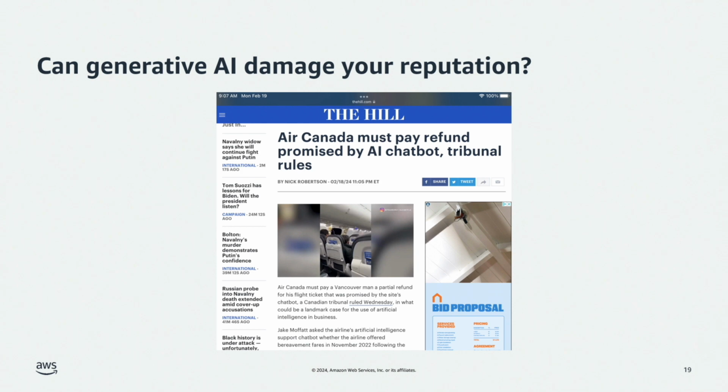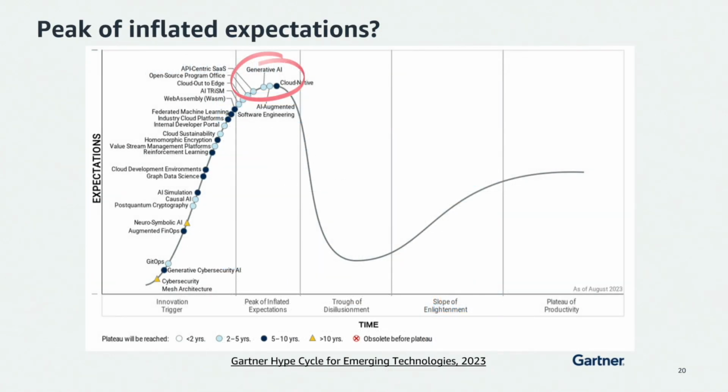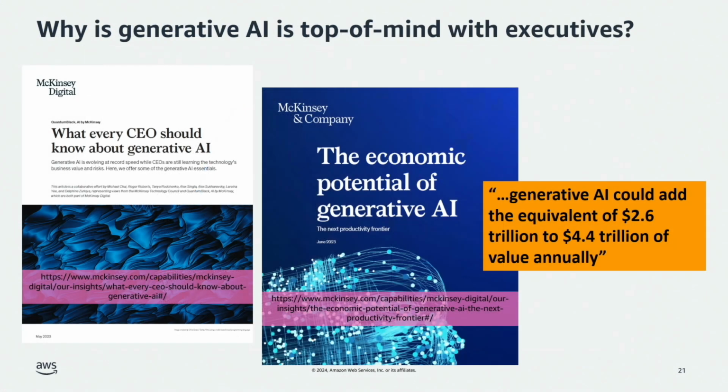So absolutely, all these things are things that happen or are concerns about generative AI. And where are we now? We're at the peak of all these expectations. But why is everybody so interested? Everyone's so interested because, well, one, people like McKinsey are saying the potential is millions and billions and trillions of dollars, euros, et cetera.